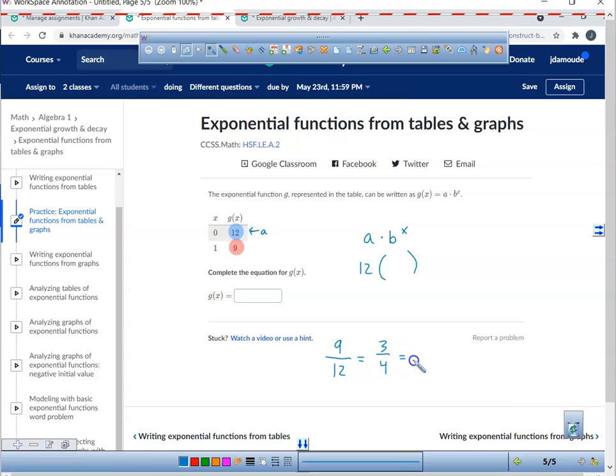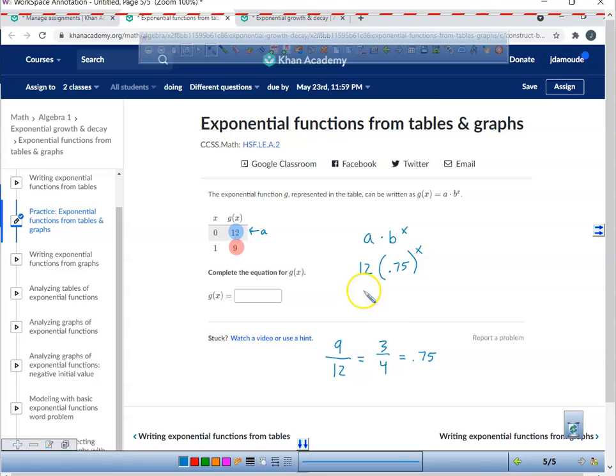Now if you get a decimal like 0.75, you could actually put 0.75 because it's not a repeating decimal. All right, so hopefully we'll get one where we have a repeating decimal so I can show you that's when you can't use a decimal. So if you wanted to, you could use 12 times 3/4 to the power of x or times 0.75. Either one will work. So right here, I'm just going to put a 12.